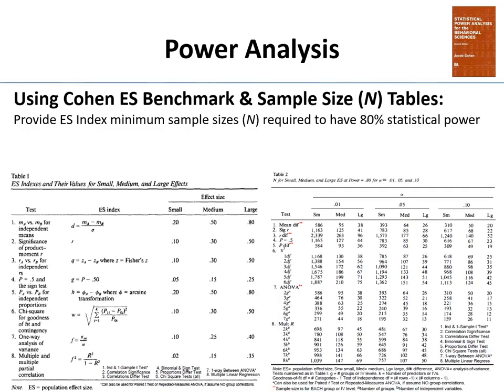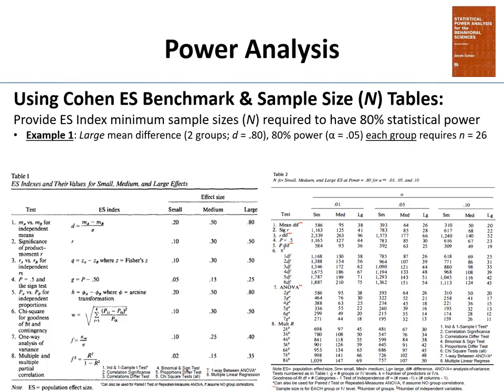There are the 2 tables right there with some annotations from me to try to make it a little easier. On the left, you have the effect size index values: what are a small, medium, and large effect size. And on the right, for different alpha levels, we're going to use 0.05 since that's the convention, you have the required sample size for different statistical analyses in order to have 80% power.